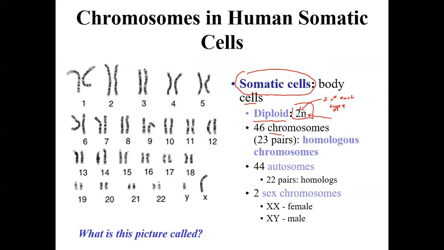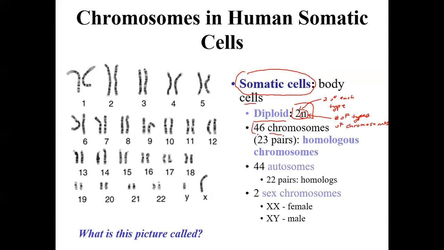And N, that variable for N is standing for the number of types of chromosomes. So when you look at this, if we look at a human cell, it's diploid, 2N. We have 2 of each type, and N is going to be our number of types.